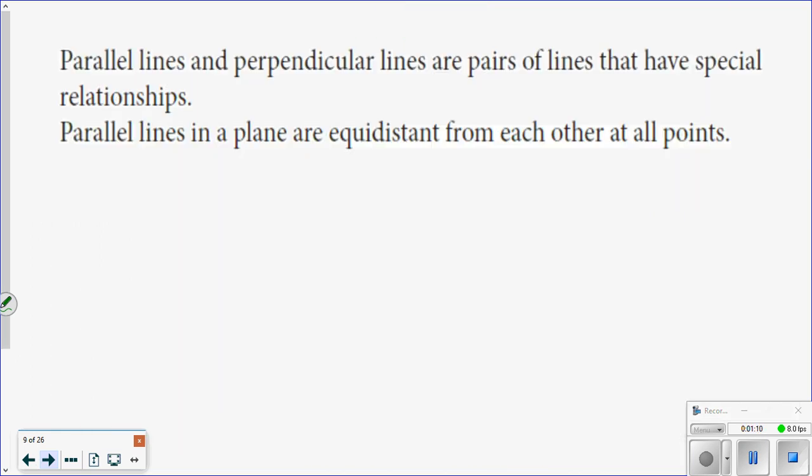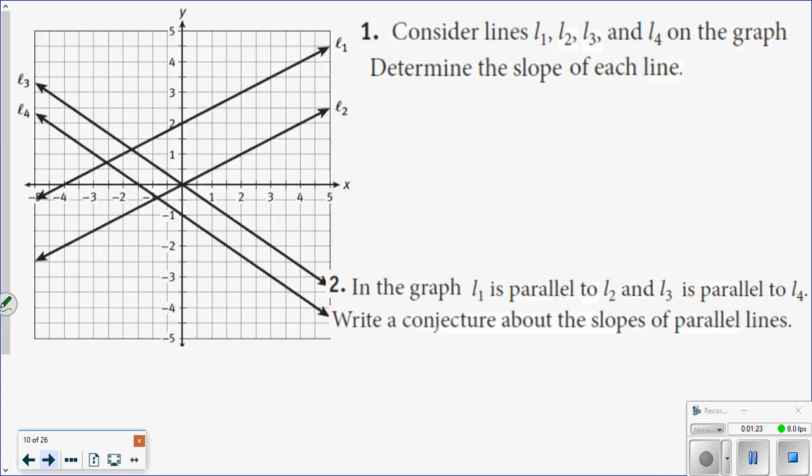So parallel lines and perpendicular lines are pairs of lines that have special relationships. Parallel lines in a plane are equidistant from each other at all points. So if I'm looking at this graph, I see L1, L2, L3, and L4.